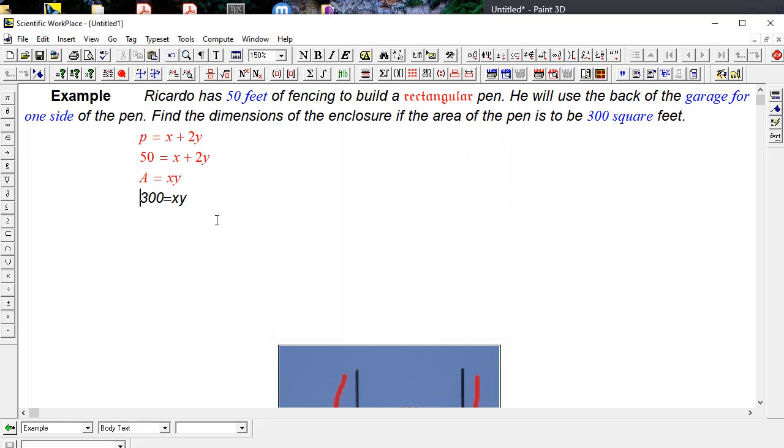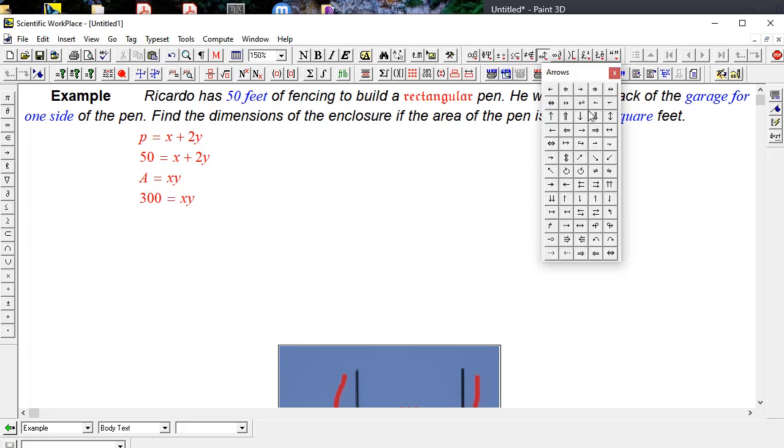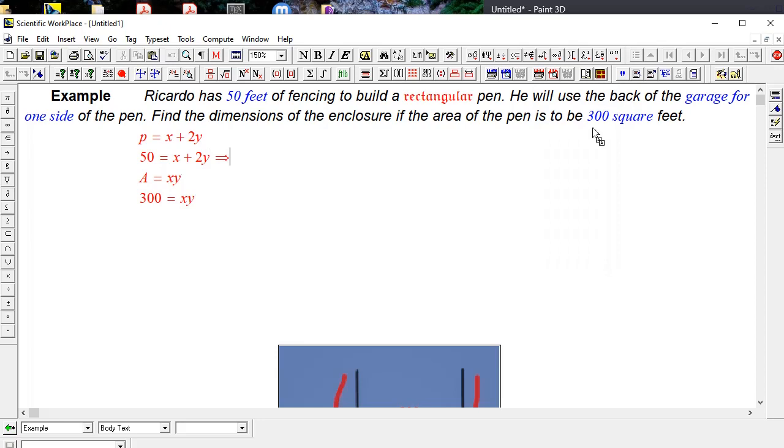Now we need to combine these equations together. To combine them to get the result, we need to rewrite one of these variables in terms of the other. So put x as the subject of the formula from the first equation. If we put x as the subject, what do we get? Just a few moments.